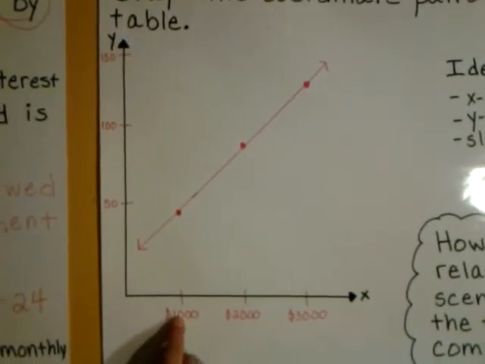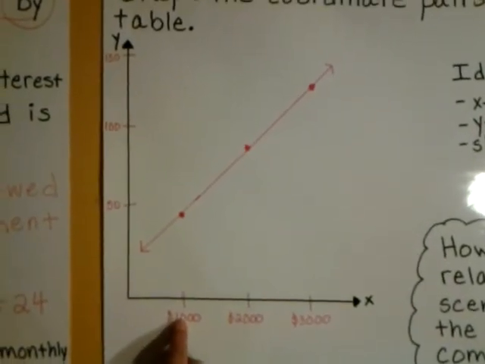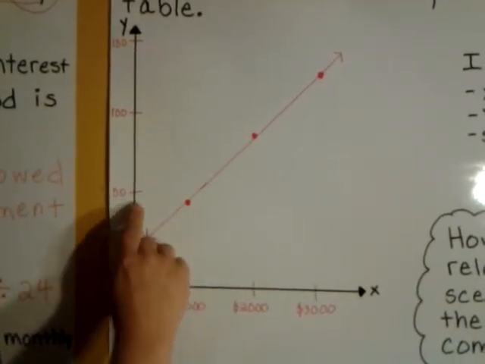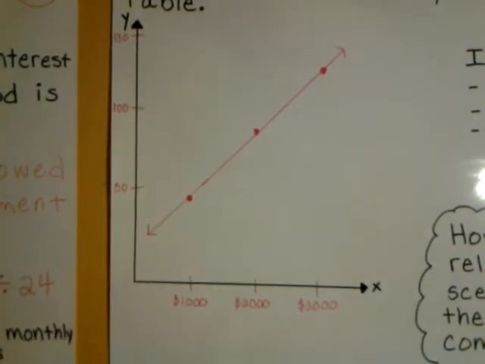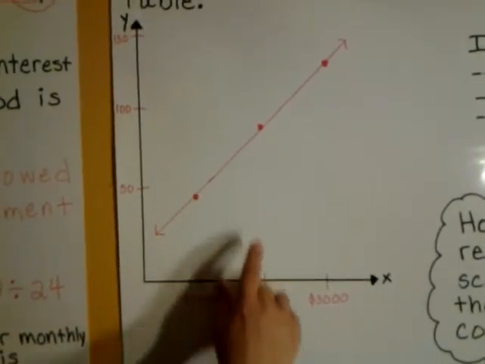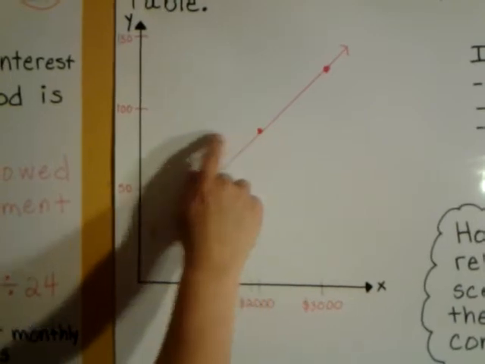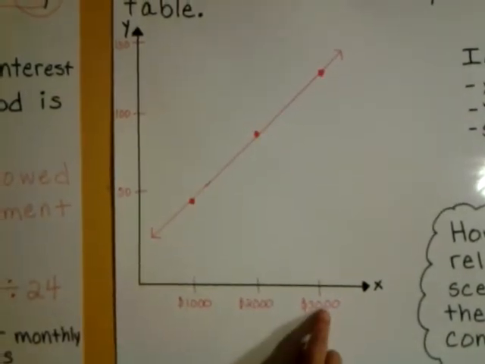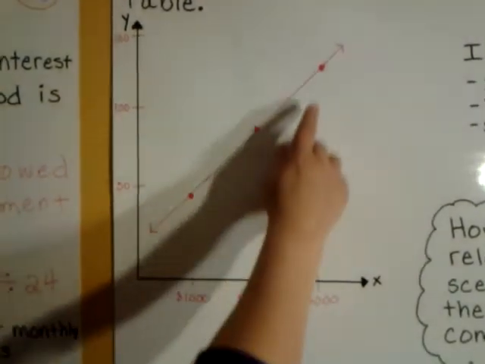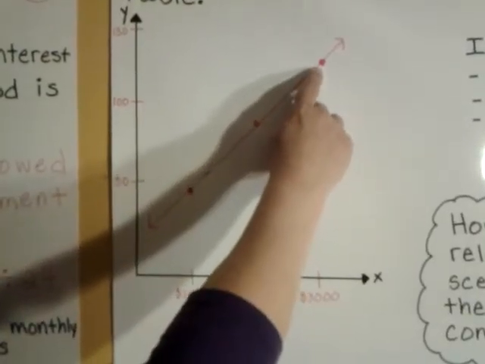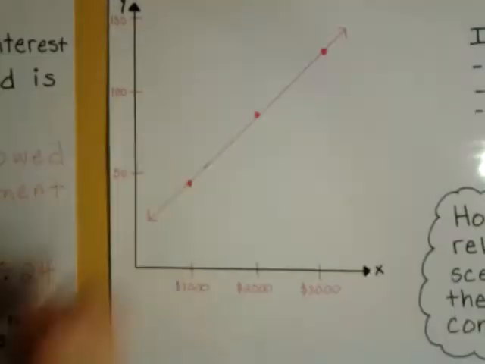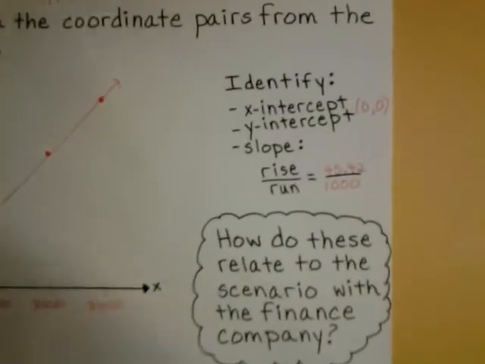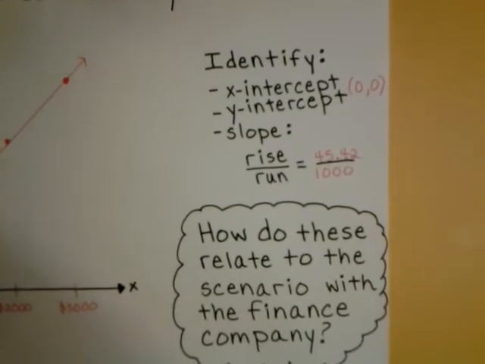So when the amount borrowed is $1,000, we know the monthly payment will be about $45.42. When the amount borrowed is $2,000, we see the monthly payment will be $90.83. And when the amount borrowed is $3,000, we see our monthly payment will be $136.25.